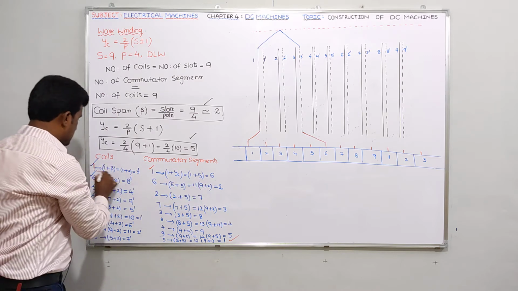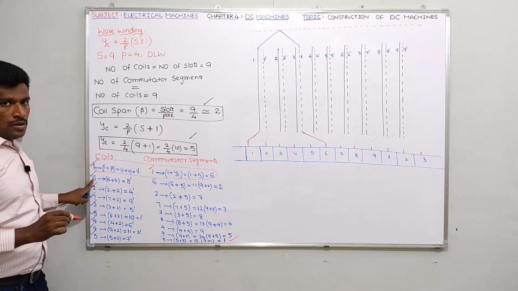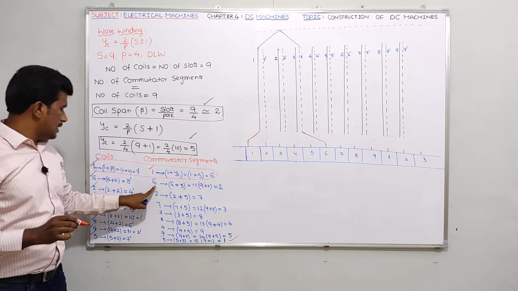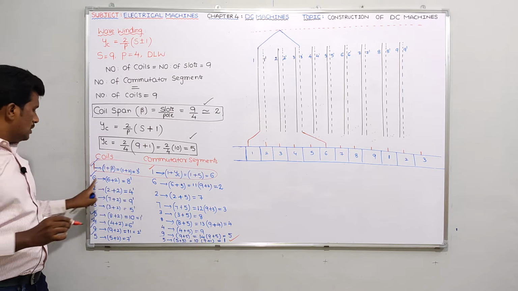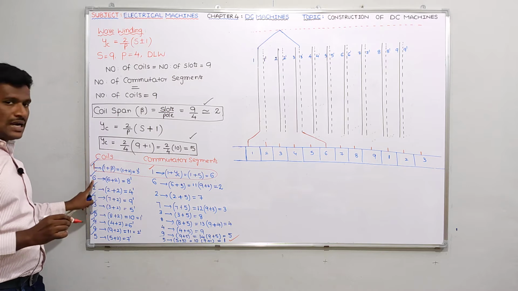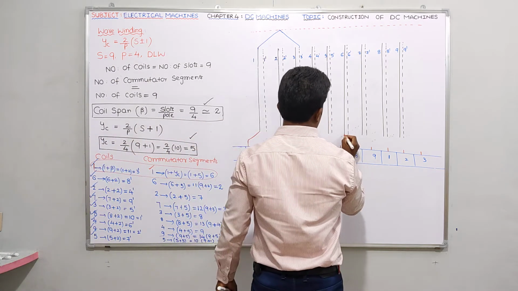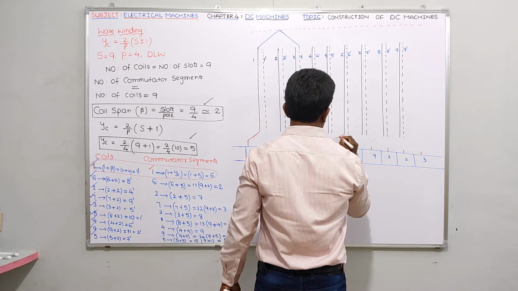This one is completed. Now please tell me what about the remaining. To this 6th segment, the 6th conductor is connected, this one.